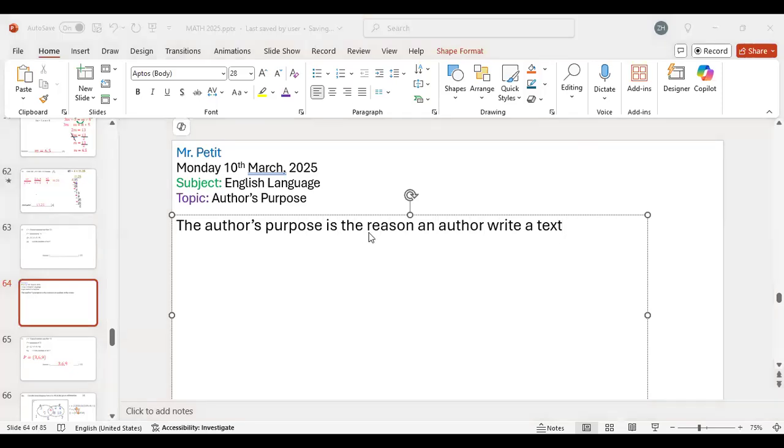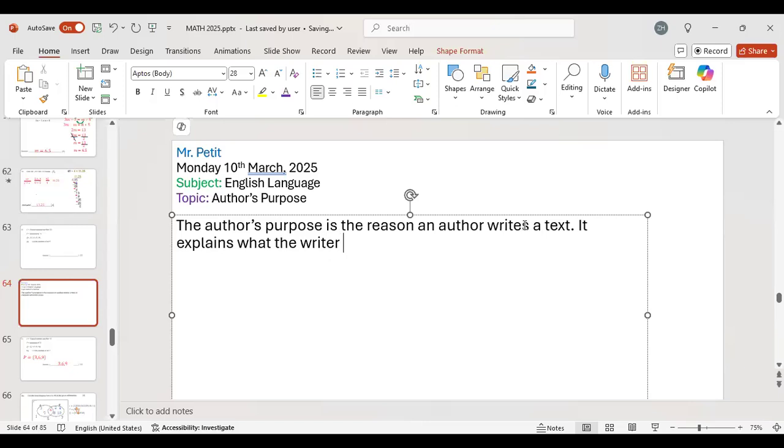So once you know what the author's purpose is, then that explains what the writer wants to achieve with their words.